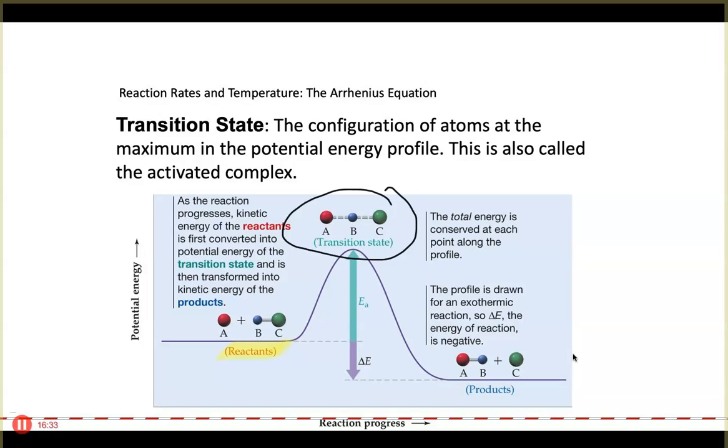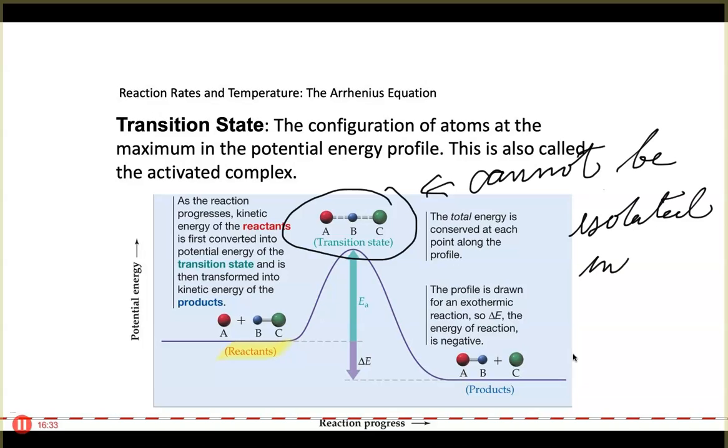And so we call this the transition state. So a transition state cannot be isolated in a lab. Why? Because it's basically on a knife's edge. Bonds are half forming, half broken, right?